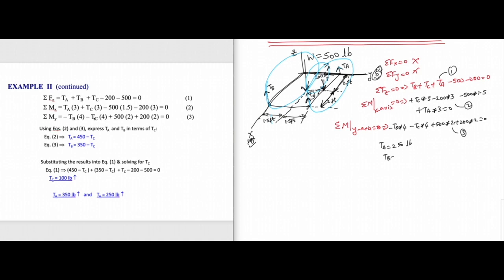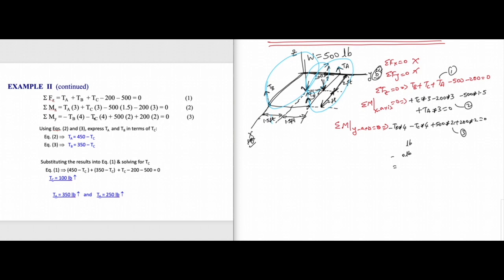I think it's not going there. TB, I think we should get 350 minus TC. And TC should be, if TA is, I'm just looking at the solution. On the left hand side, it seems TC is 100 pounds. I'm sorry, let me erase all of this.